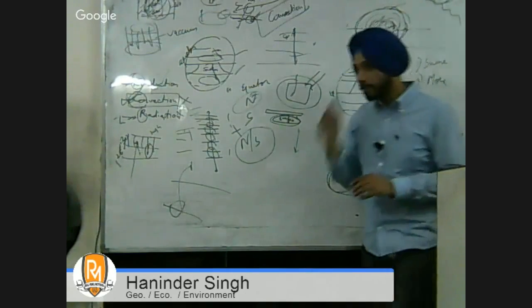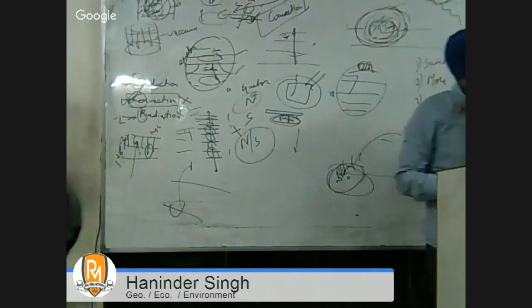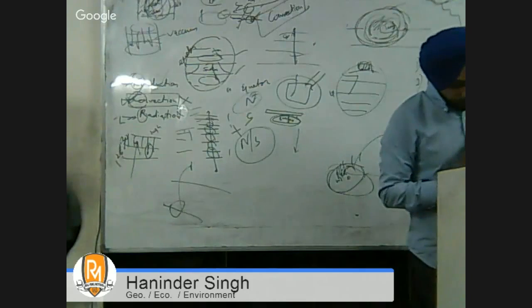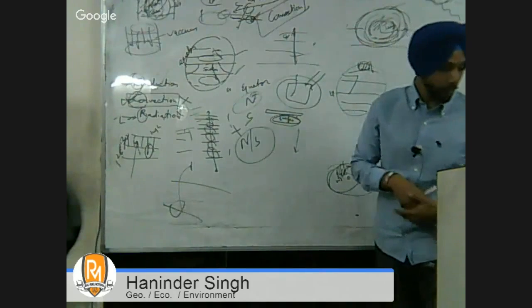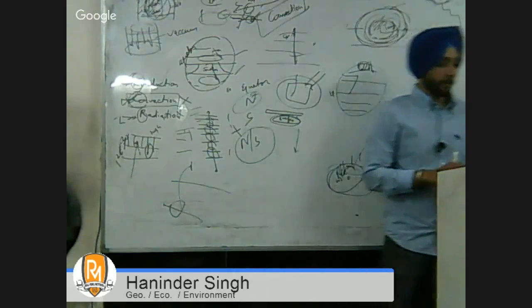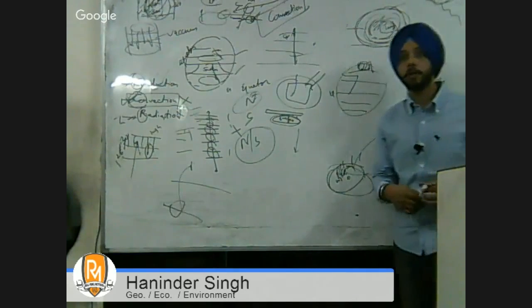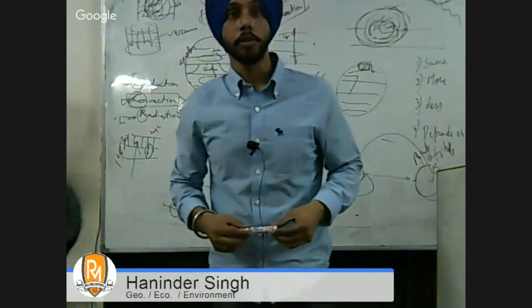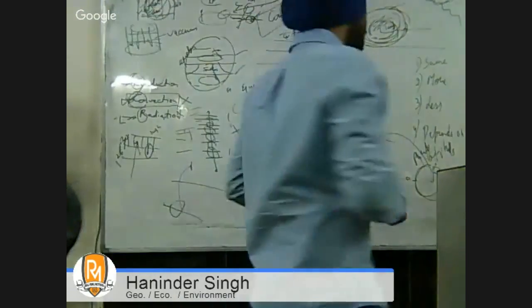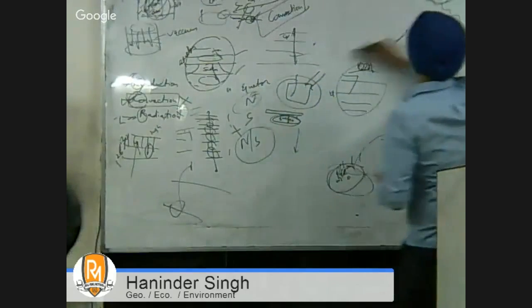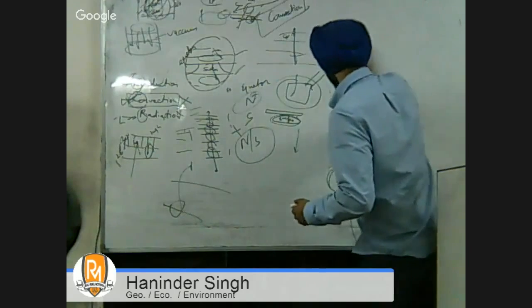Write salinity of ocean water. Look, the total content of dissolved mineral salts in parts per thousand is called salinity of water.